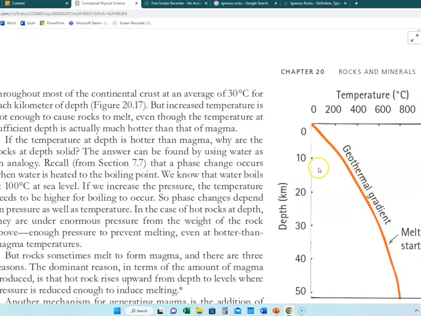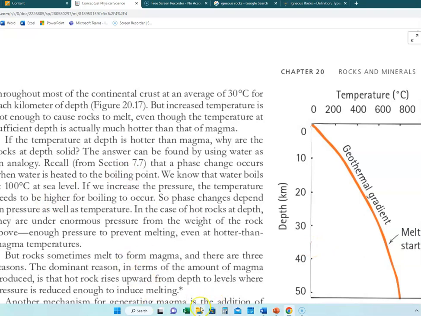That's the gradient, and you can see somewhere just below about 35 kilometers, you could start melting rock. That's something to keep in mind. But below this, that's where it could start melting, but it doesn't.